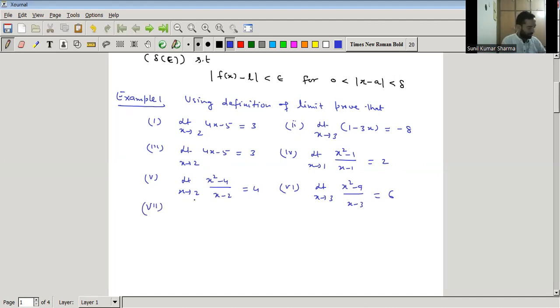Limit x goes to minus 1, 2x plus 3 equal to 1. Limit x goes to 3, 11 minus 2x equal to 5.